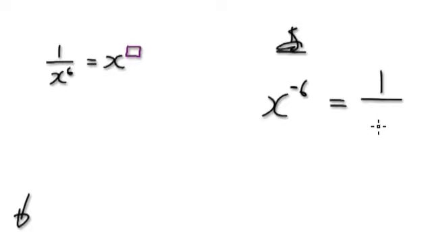If you have something like x to the power of minus 6, then you would immediately think of this. Here you're going the other way around. If you see 1 over x to the power of 6, you can imagine it as minus 6.